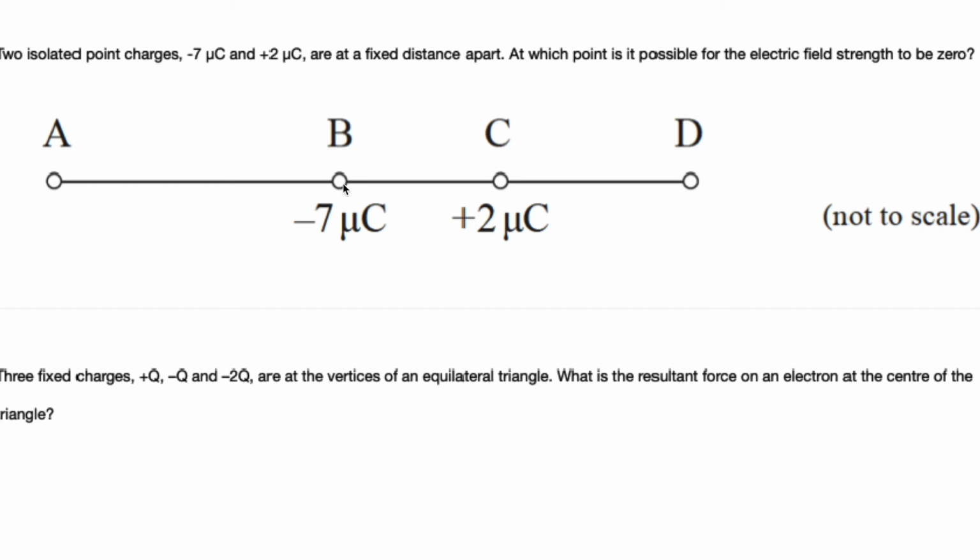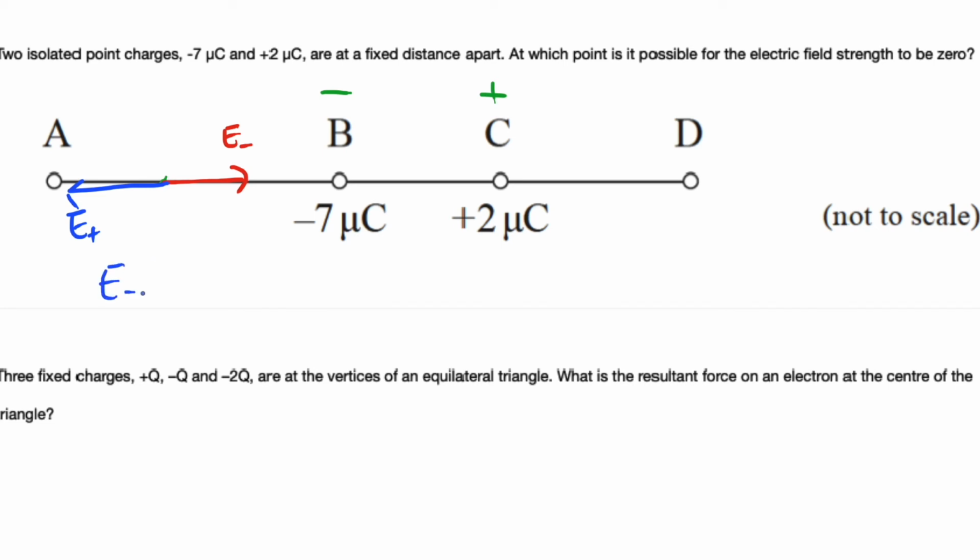So here, for a negative charge, the electric field is going to radiate inward. A positive charge is going to radiate outward. For any point in the region between A and B, it's going to receive a rightward electric field from the negative charge and a rightward electric field from the positive charge.